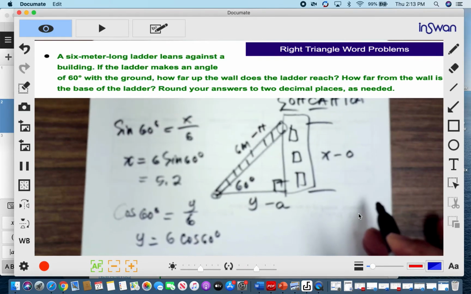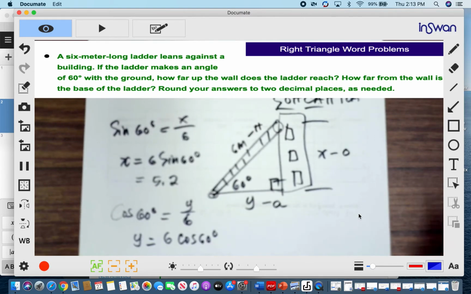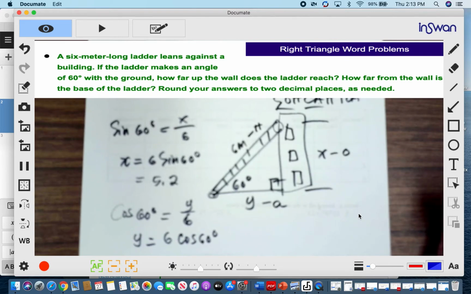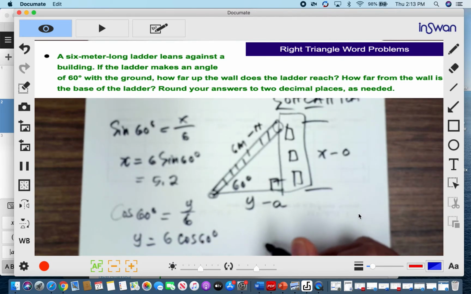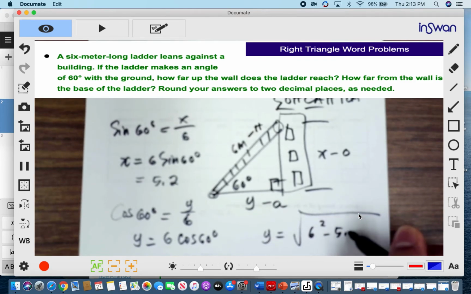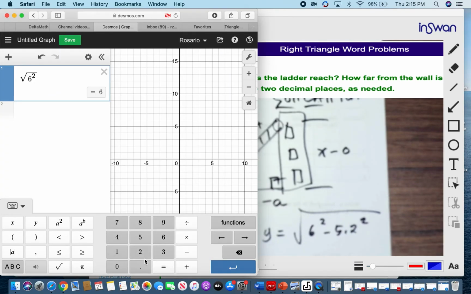You can also make use of the Pythagorean theorem. I told you before, if you're not solving for the hypotenuse, you need to subtract squares. So the value of Y is the square root of 6 squared minus 5.2 squared.